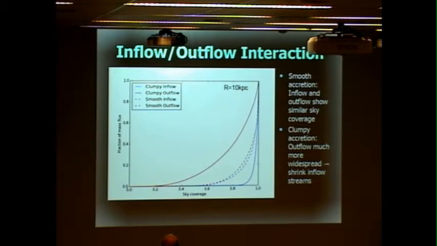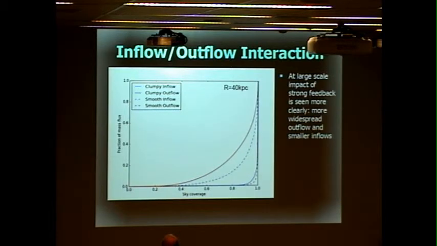So it's not able to inflow except in the highest density regions that you have at the strong cold flows. And if you go to larger radii, you still see the same thing. The clumpy accretion has a much more widely distributed outflow, and that's compressing the regions in which the inflows can survive, making it onto the halo.